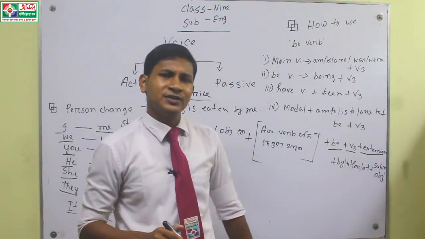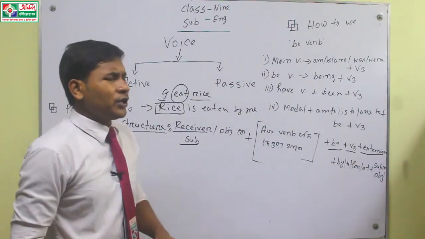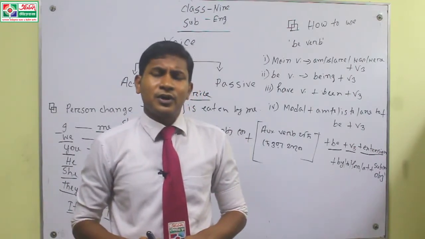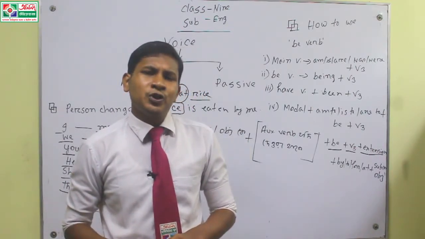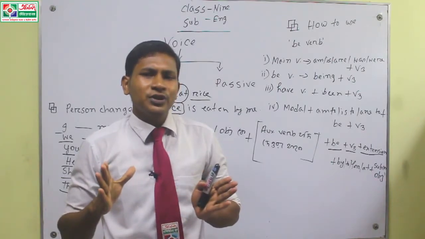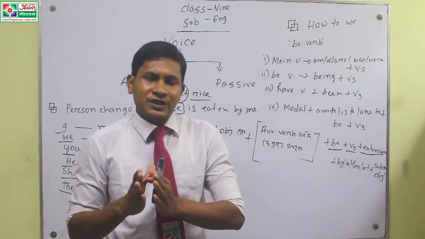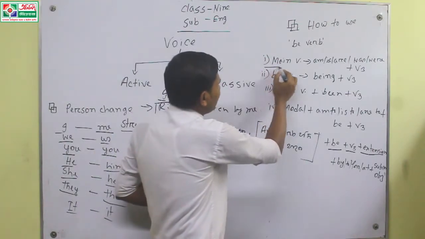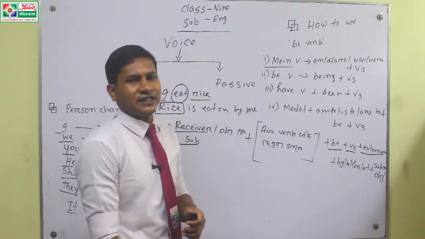Do you understand? Then we learn how to use the be verb. The be verb is most important in passive voice. At first we learn how to use the be verb in voice change when there is only a main verb in a sentence.